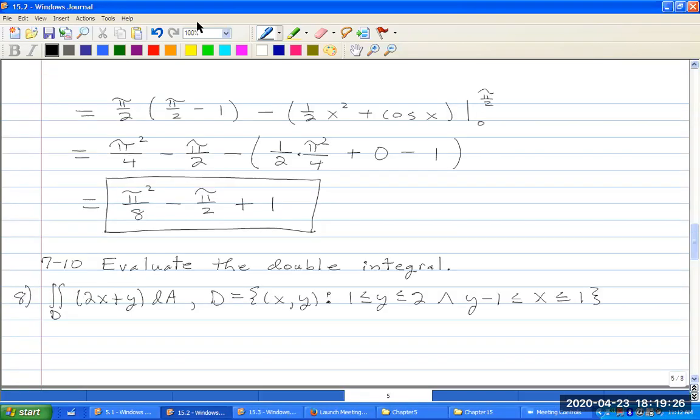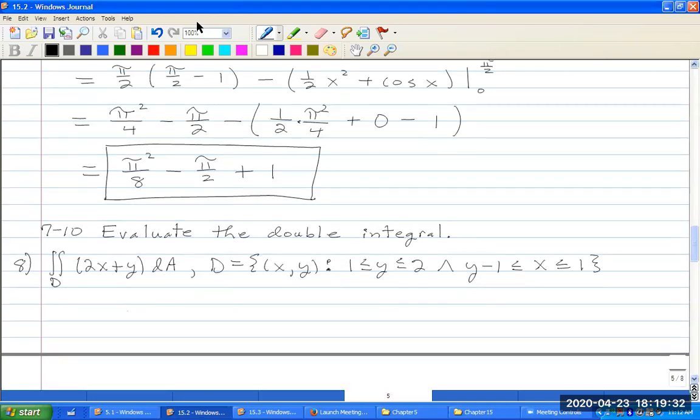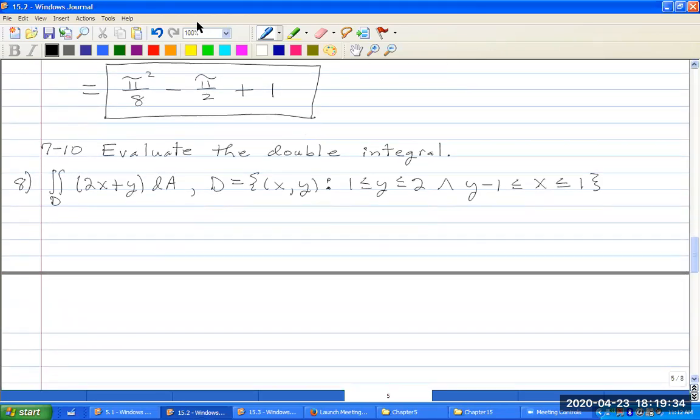Let me do number 8. 7 through 10, evaluate the double integral. So I have here the double integral over the region D of 2x plus y, where D is equal to the set such that y is between 1 and 2 and x is between y minus 1 and 1.